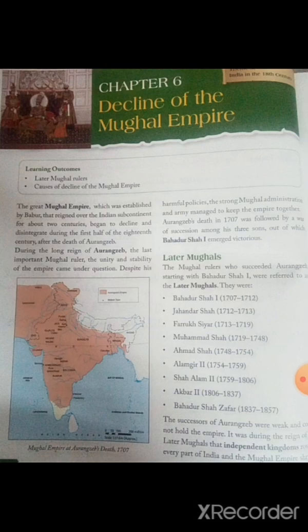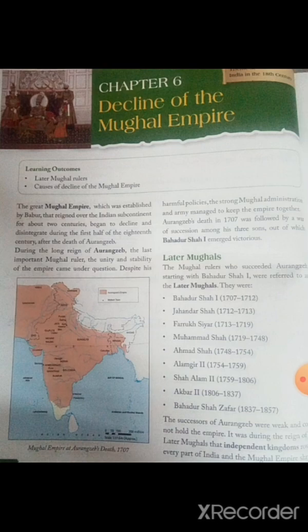During the long reign of Aurangzeb, the last important Mughal ruler, the unity and stability of the empire came under question. Aurangzeb ruled for a long time over a big region. After the rule of Aurangzeb, how did the decline begin? That was the main question, and the unity and stability of the empire came under question.